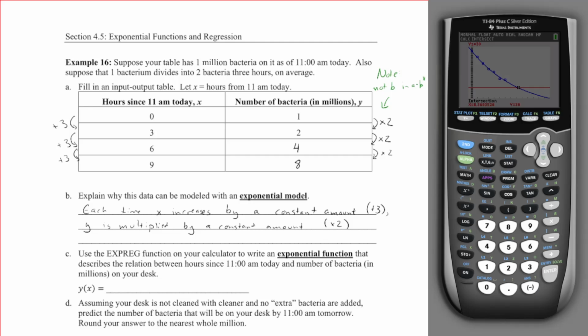So we're going to use expreg to come up with our equation because we can't directly write it down from the table.